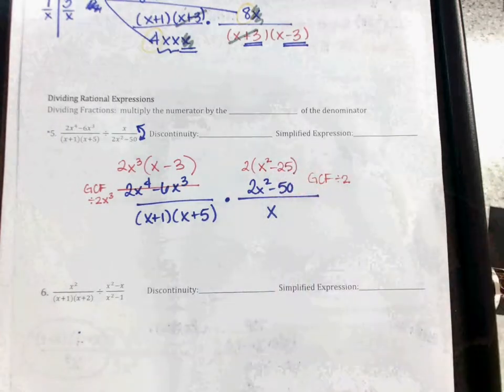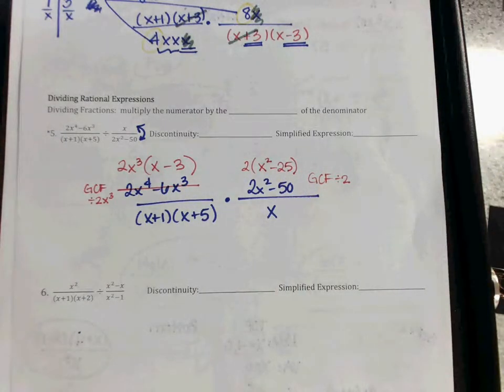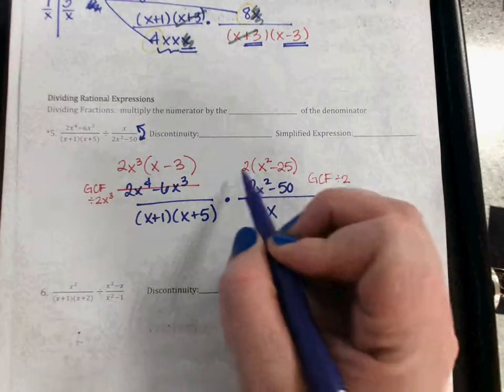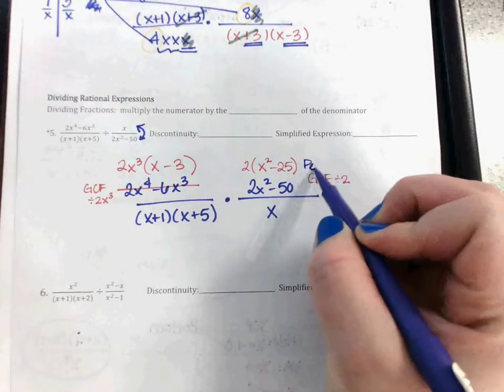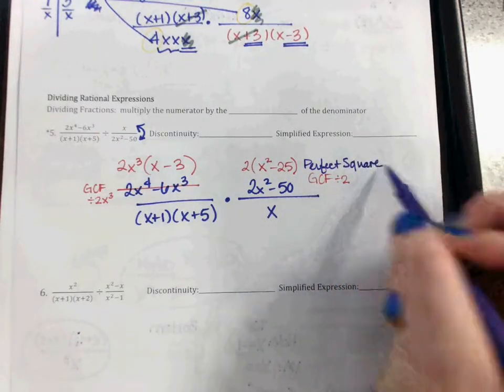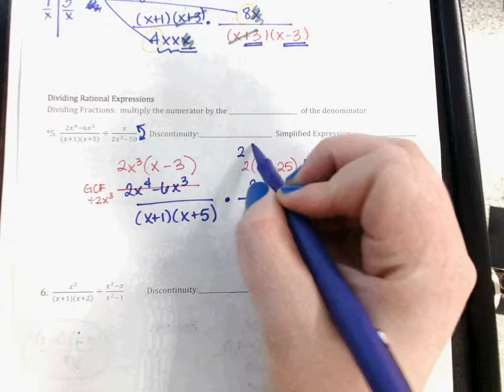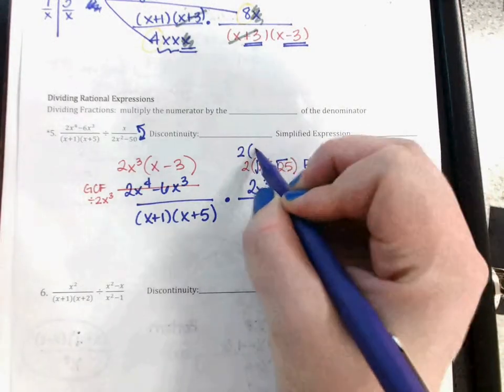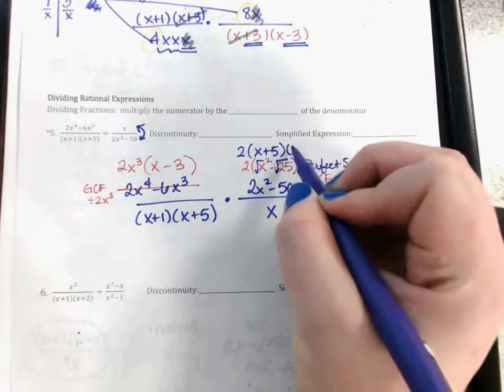Okay, now, that's still an x squared. I want to see if I can break it down one more time. Can I break it down one more time? Okay, that's a perfect square now. So that's an example of a double factor. So I took the 2 out. Now I can do perfect squares on it. So that would be 2 times x plus 5, x minus 5.